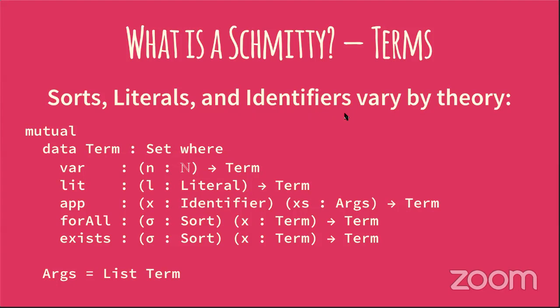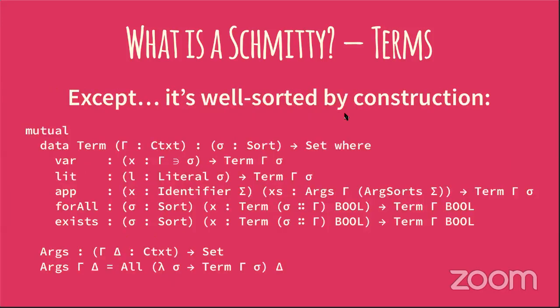Except the embedding of SMT-LIB that we're using is well sorted by construction. So everything gets a little bit more complicated. But everything that just appeared is just to make it well sorted by construction. Sorts, I should mention here, are essentially the types for terms in SMT-LIB. So common sorts are the sort Bool and the sort Int and stuff like that.